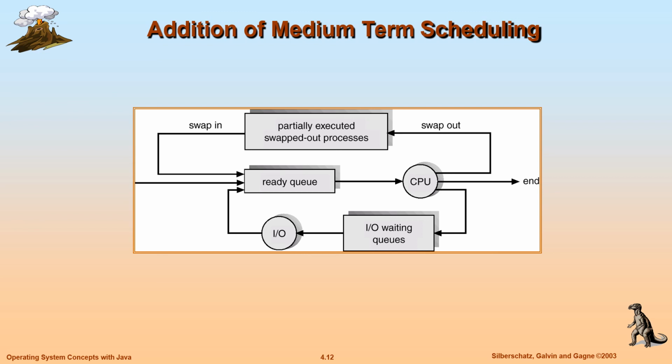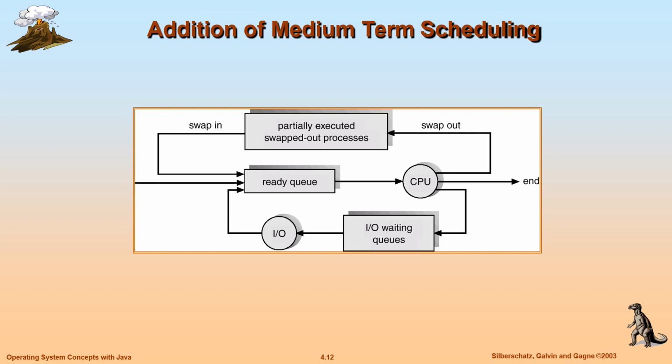Before this, we'll discuss something else. In general, most processes can be described as either IO bound or CPU bound. What are an IO bound process and a CPU bound process? Let us discuss briefly. An IO bound process spends most of its time doing IO operations instead of computation.